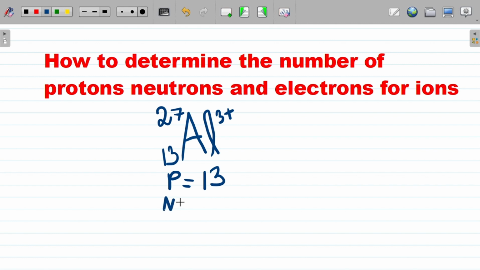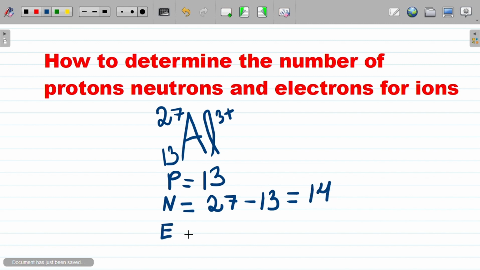The number of neutrons is the mass number minus the atomic number, 27 minus 13, and that is 14. The number of electrons is the atomic number 13 minus, and pay attention, minus +3, because we have a +3 charge.